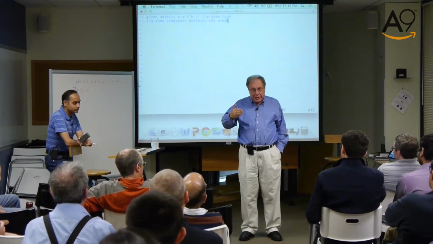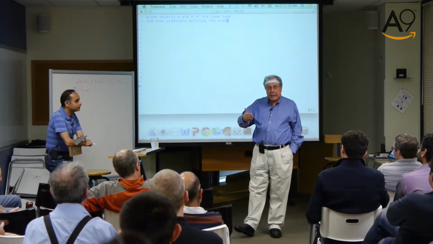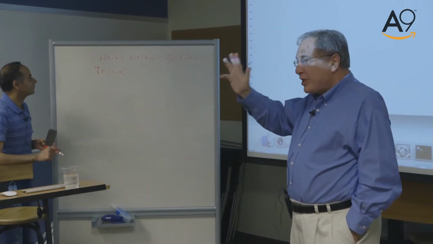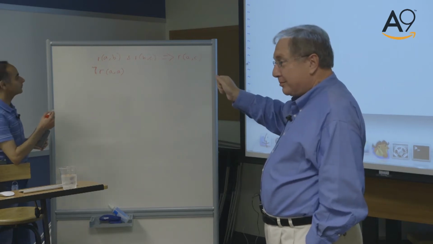So the third axiom is the axiom for total ordering called trichotomy. There are three things. Trichotomy. Rhymes with lobotomy. So what does it mean?